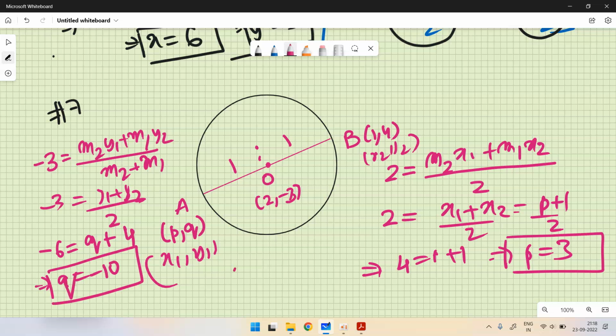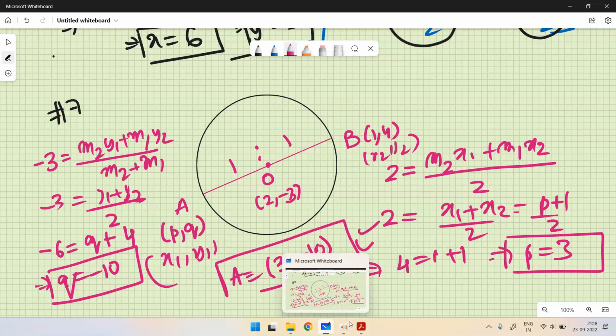So what is the coordinate of A? A is (p, q), that is (3, -10). This is the answer, the coordinate of point A.